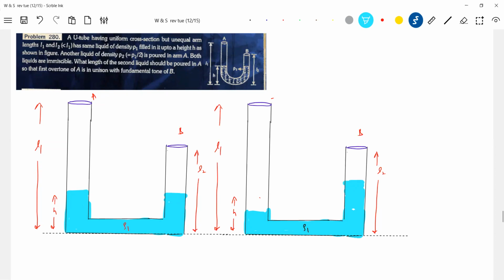Okay, it's clearly visible. The other liquid whose density is what I have brought here. What will be the length of that liquid column?